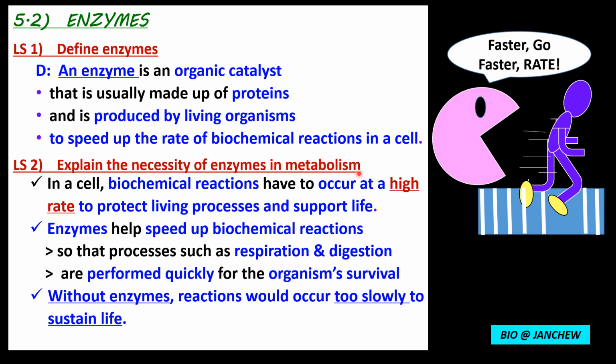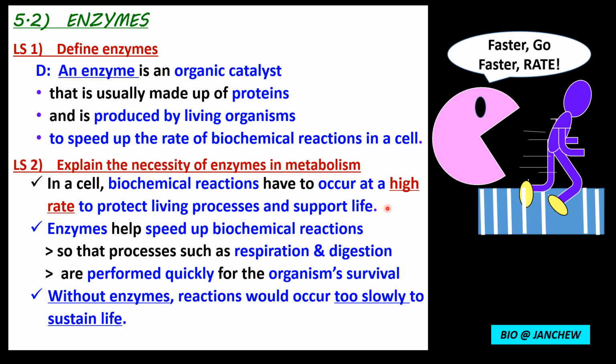All right, so number 2, learning standard number 2, explain the necessity of enzymes in metabolism or in biochemical reactions. So in a cell, biochemical reactions have to occur at a high rate to sustain living processes and to support life.